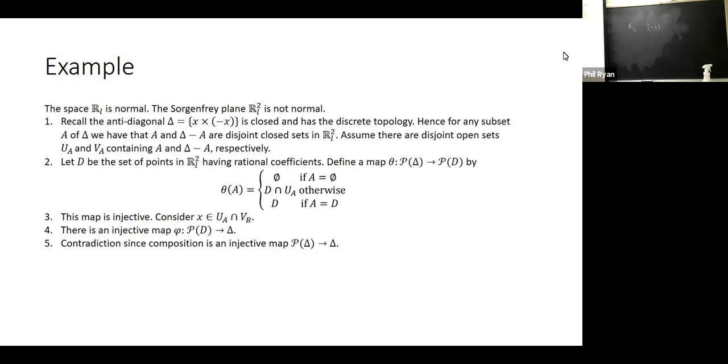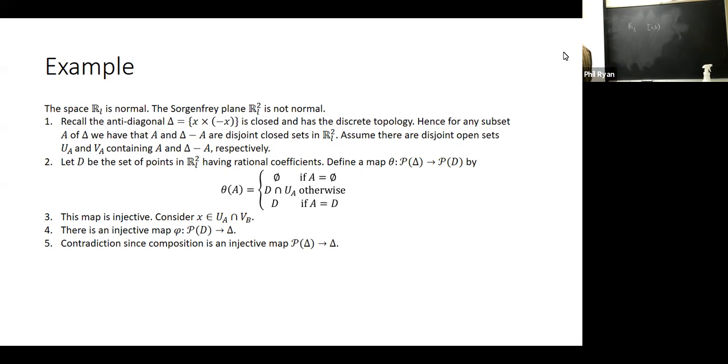Okay, so let's say we have a subset of the anti-diagonal which is neither empty nor the whole thing.